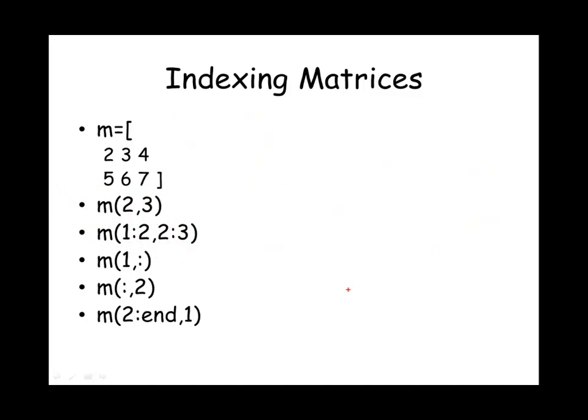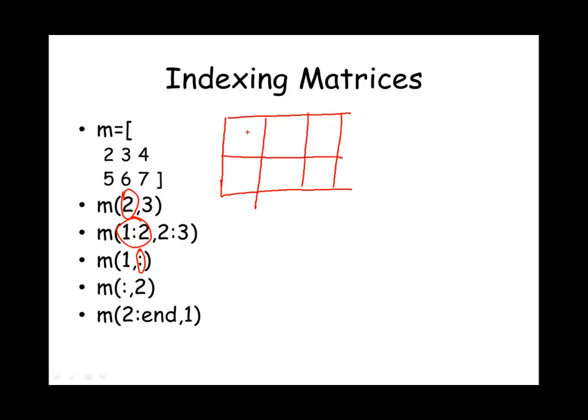There's a special notation in indexing, and that is the colon operator. Instead of a number or a vector of numbers, you can have just a colon. And when you have just a colon, it will pick all of the rows or all of the columns depending on which side of the comma you have your colon in. 2, 3, 4, 5, 6, 7.